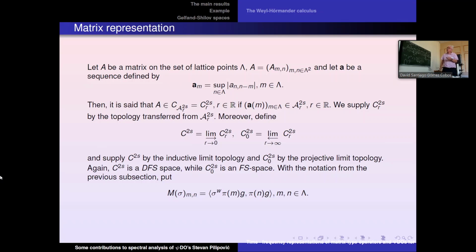So you make a sequence, A_n, and we say that this family of matrices, A belongs to that family, denoted again by A to the power 2s, R, if A_n formed in that way is in that sequence space.